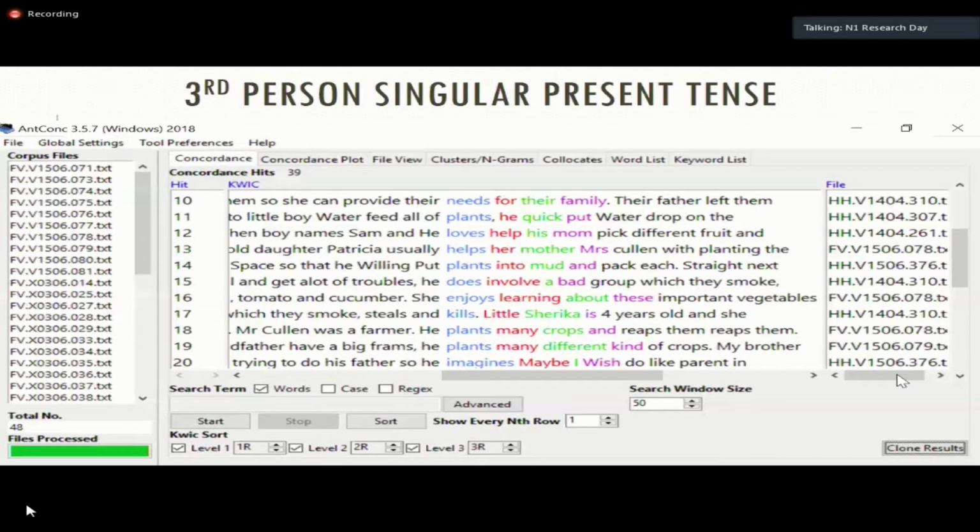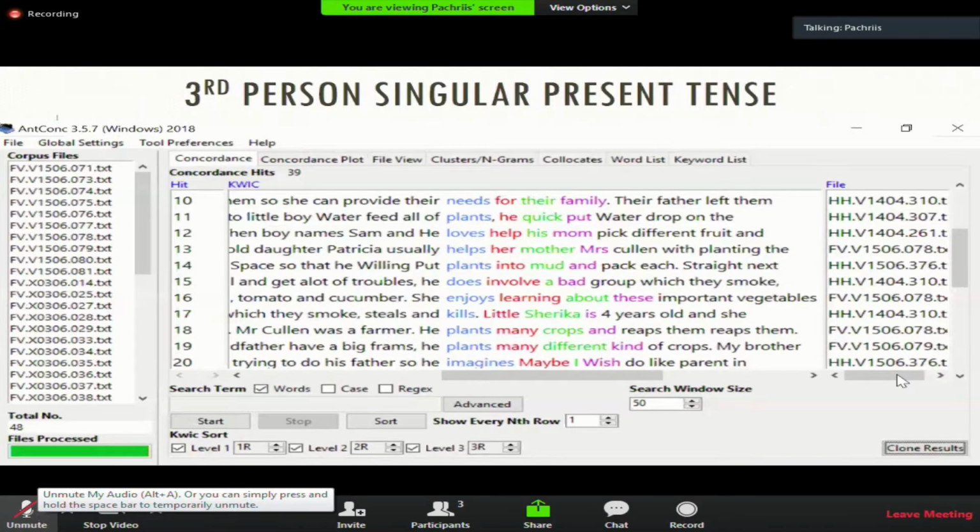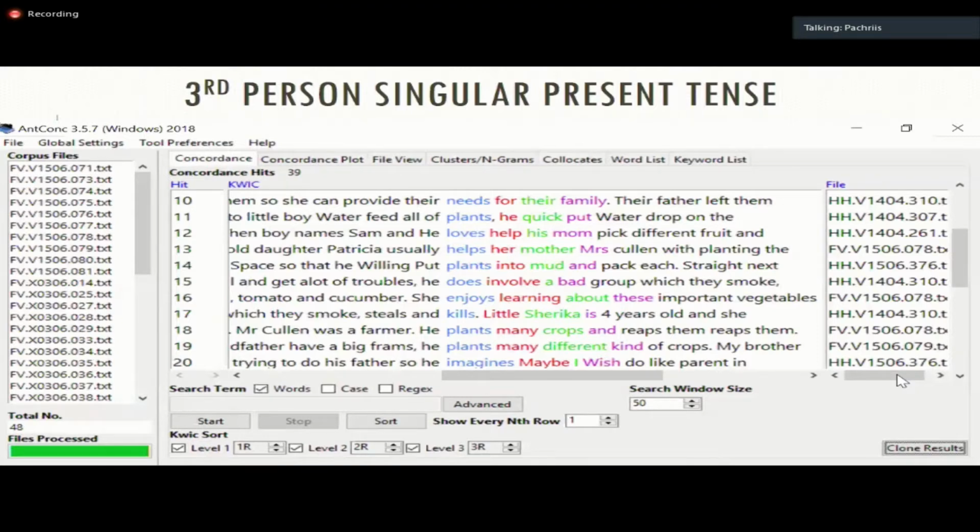Okay. So in the sample, I found that the students did mark the third person singular present as expected, but only a handful of students were able to do that.